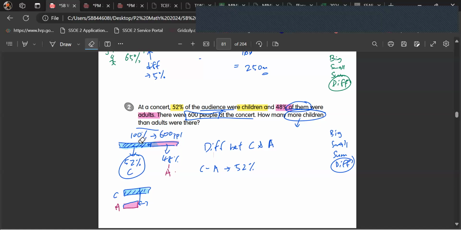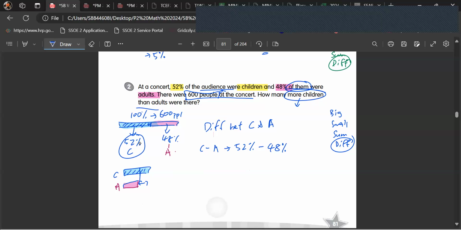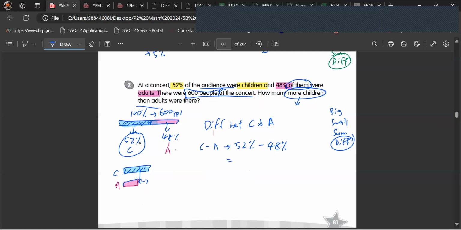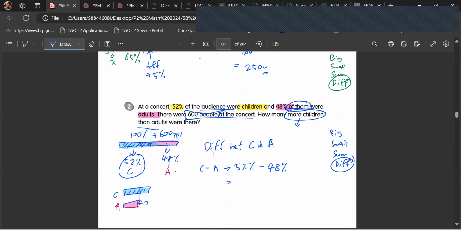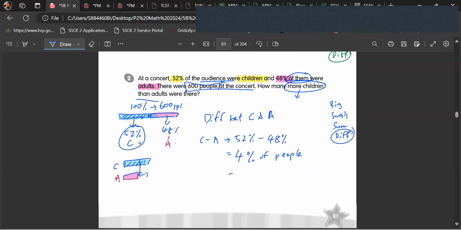So the difference between the children and adults is 52% minus 48%, which is 4%. So it's 4% of all the people, the audience, which is 4 out of 100 multiplied by 600.